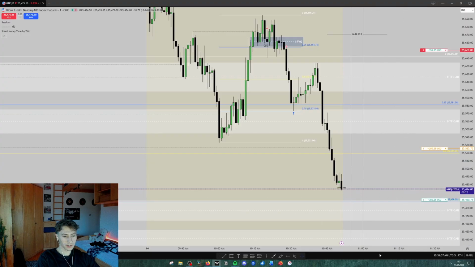So now reaching lower, almost at the high time frame gap. We have 10:51. We are getting closer to our target, not only our price target but also our time target. So we want to be out approaching 11, but we still have some minutes left.